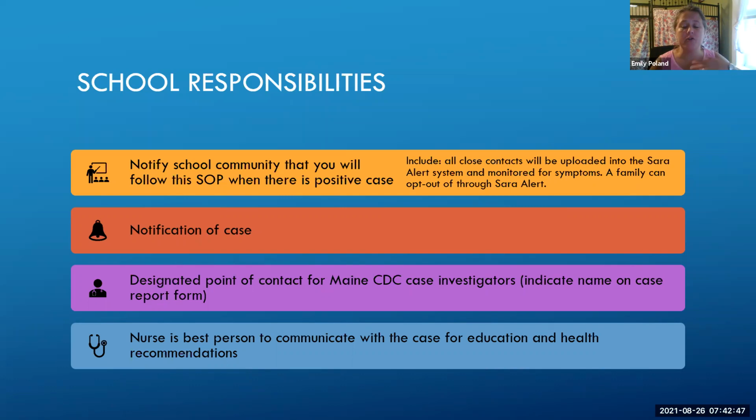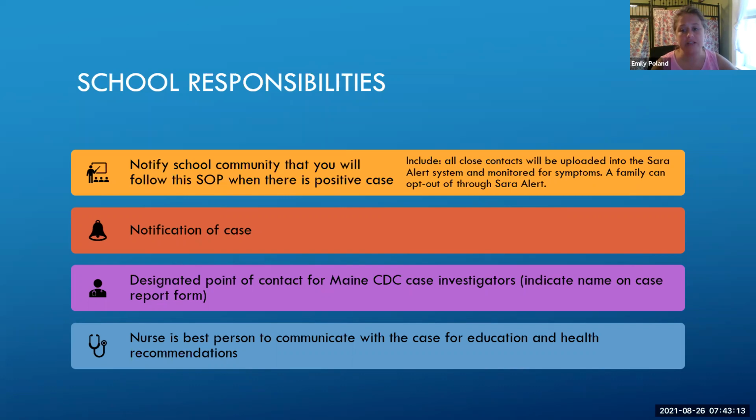You're going to notify all of your school population that they will be enrolled into the Sarah Alert program. This is a change from last year, so everyone will be enrolled. There's an expectation that they understand why, and that's the school responsibility, to notify your community that Sarah Alert is a way to monitor for symptoms for those who are close contacts.